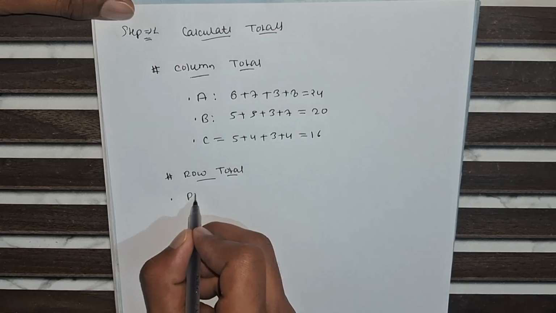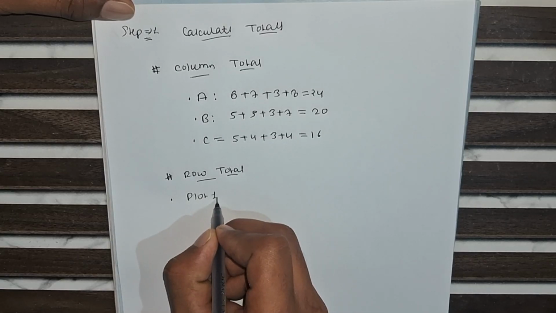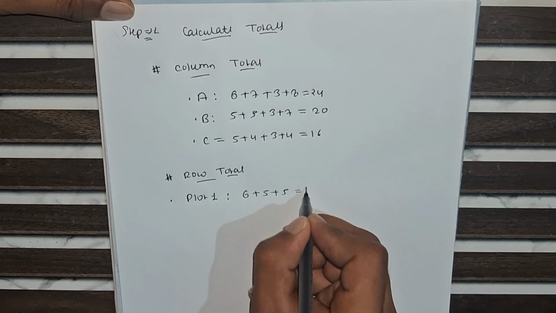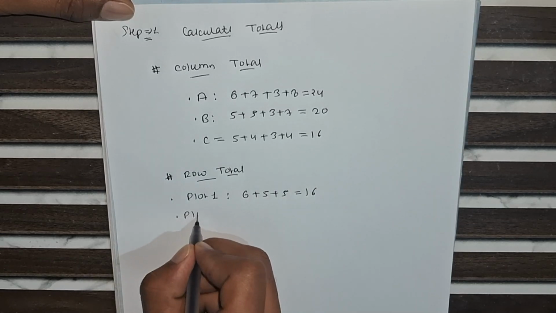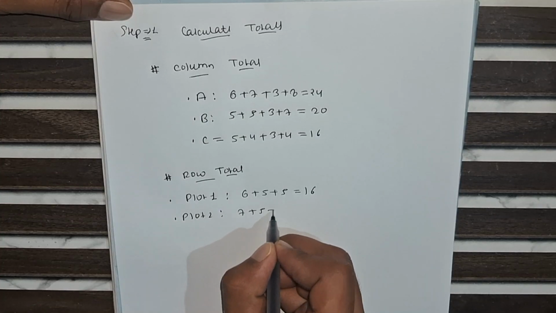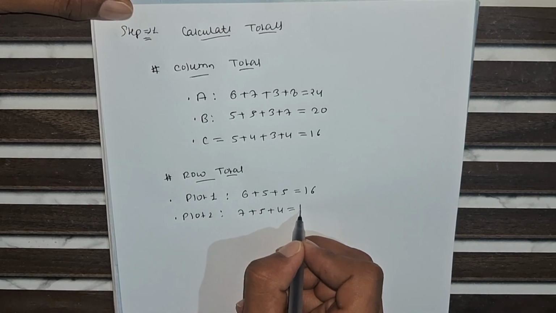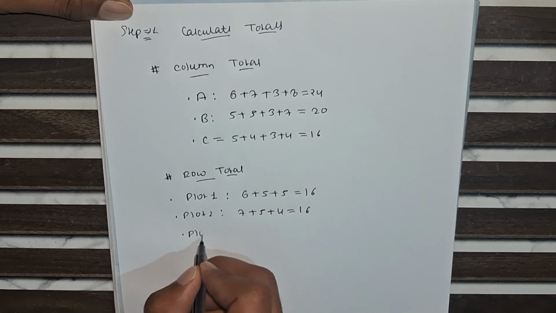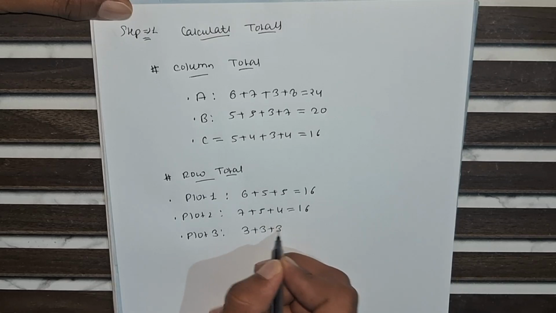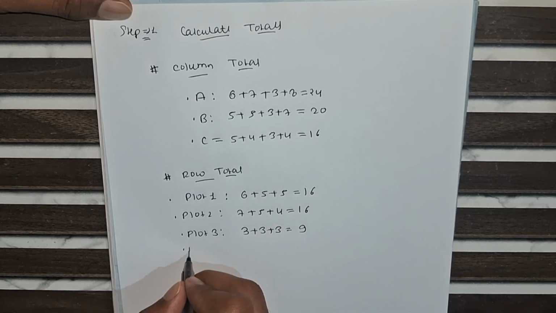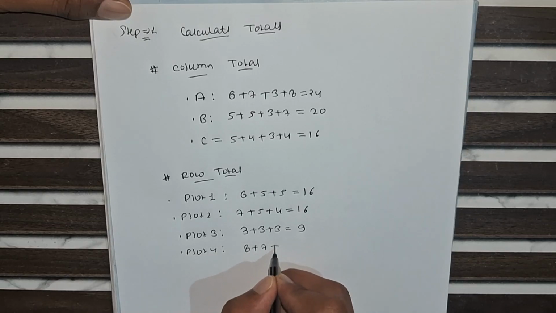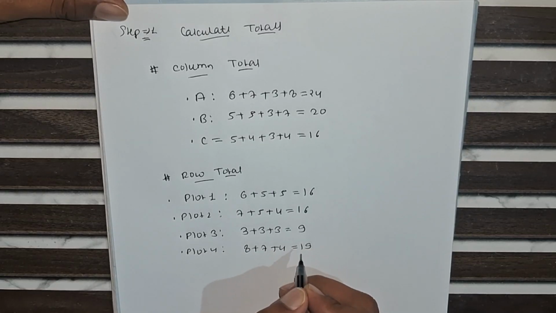So for plot 1, 6 plus 5 plus 5 equals 16. Like that for plot 2, 7 plus 5 plus 4 equals 16. For plot 3, 3 plus 3 plus 3 equals 9. And the last one is plot 4, which is 8 plus 7 plus 4, which equals 90.